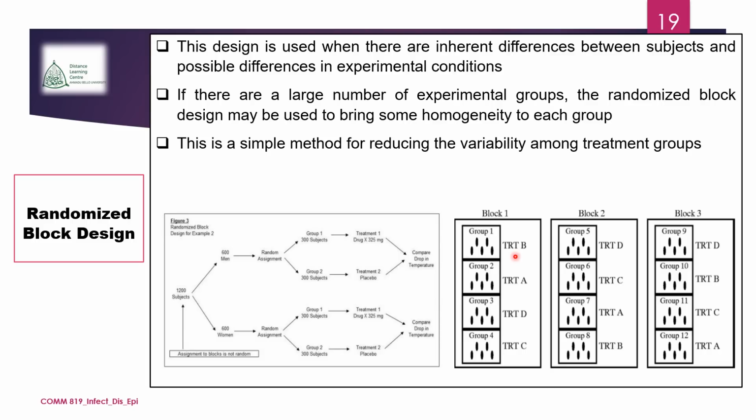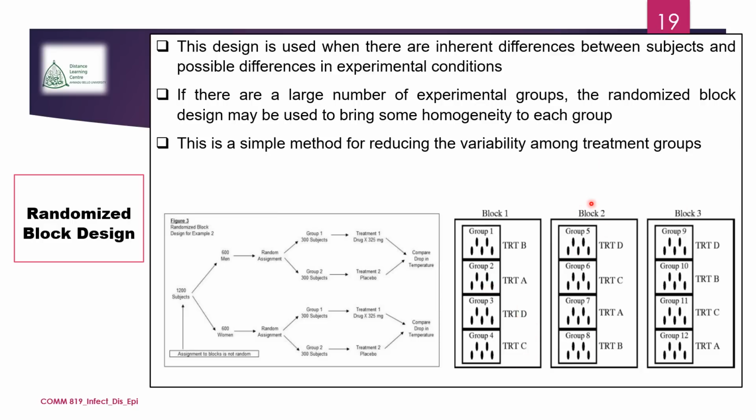You mustn't follow A, B, C, D. So that's how randomization works. Group 1 can take any of the treatment. Okay, so in this case for block 1 you have treatment B being the first to go to group 1, treatment A, D, and C.